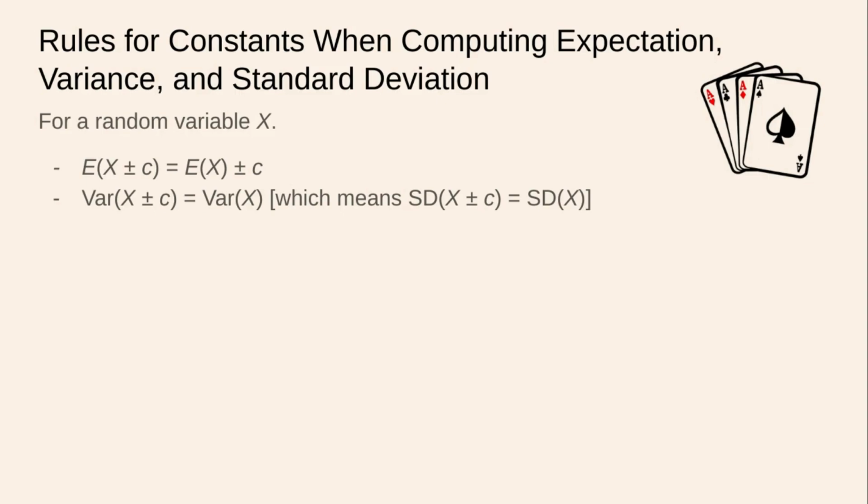It just changes where it's centered. This also means that the standard deviation of a random variable plus or minus a constant is the same as the standard deviation. Measures of spread remain the same if we add or subtract a constant to each possible data value we could get, each possible output of the random variable, though the center, the expectation, does change.